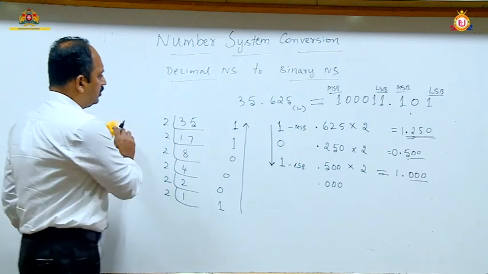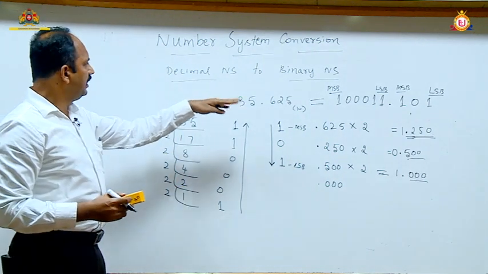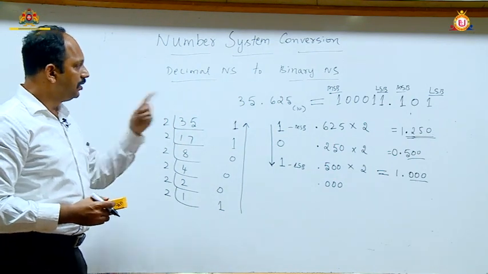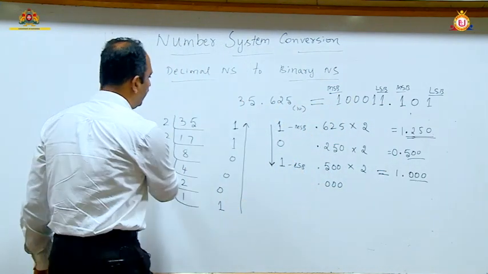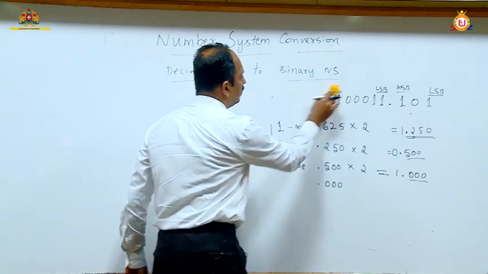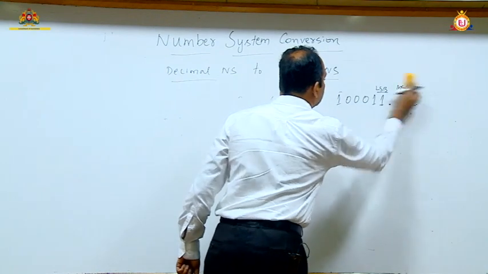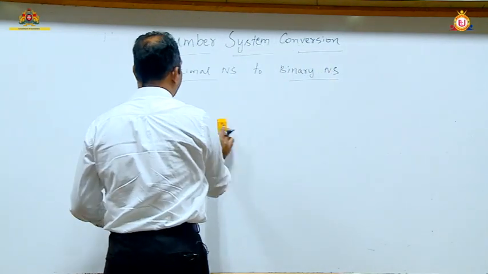Next, we move on to how a binary number is converted into a decimal number. So we have the binary number here. Okay, what is the binary number we have? Let me take the same example here, or any number for that matter you can take.